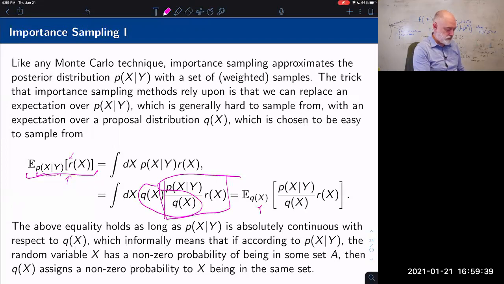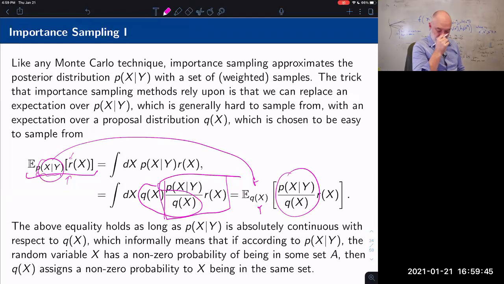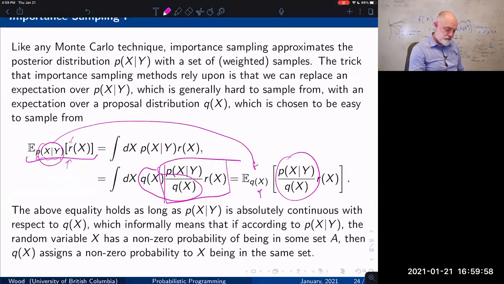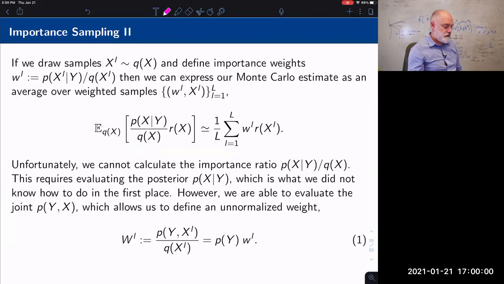So the critical operation is that this distribution has changed to this distribution, but we still have to evaluate this. And this is totally fine so long as the posterior and Q are compatible in the sense that's described below. So this works.